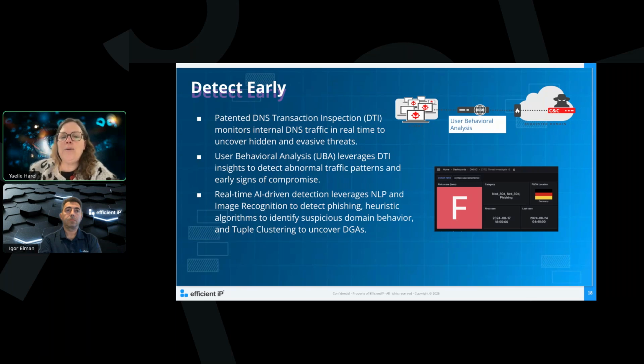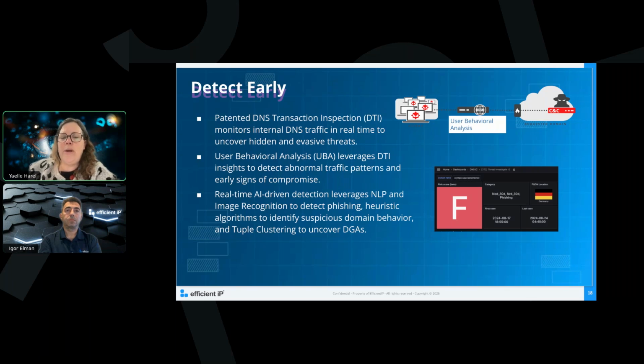The first one is our patented DNS transaction inspection, which we call DTI, which monitors the internal DNS traffic in real time. This is something only a DNS solution can do, because we have visibility into the internal DNS traffic, and by using that, we uncover hidden or evasive threats that you can't detect with any tool that is outside the DNS service.